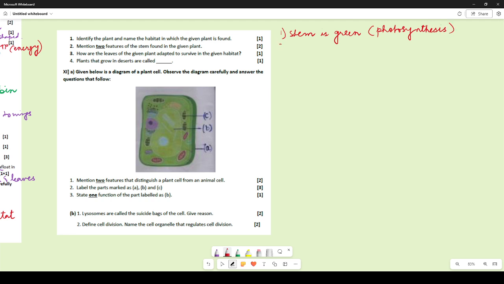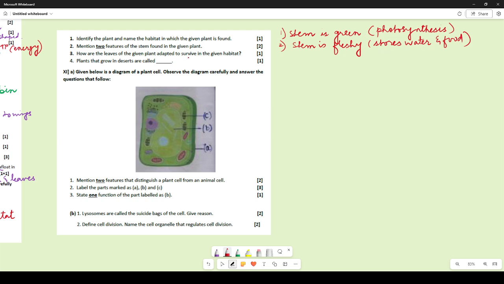The other feature is that the stem is fleshy, because it stores water and mucilage, stores water and food. This is for the stem adaptation, right? Because most of the plants store their food in the leaves or in other parts of the plant body, but in cacti the stem stores water and food inside them.